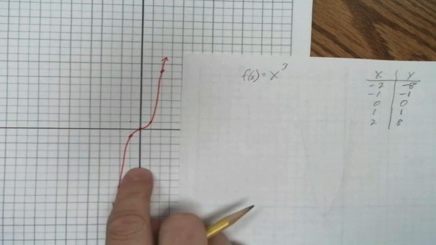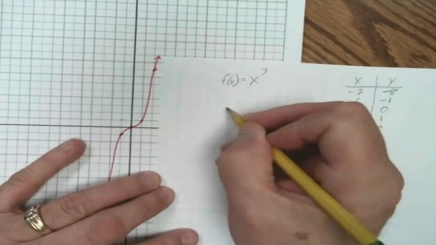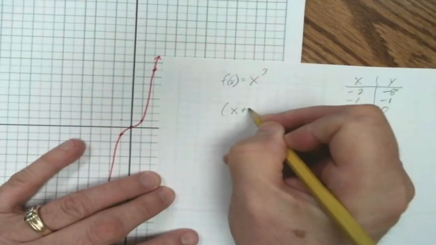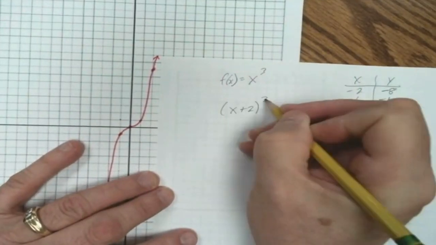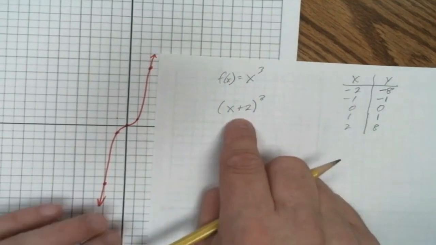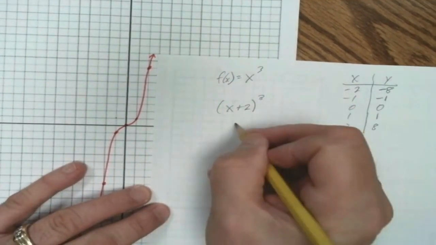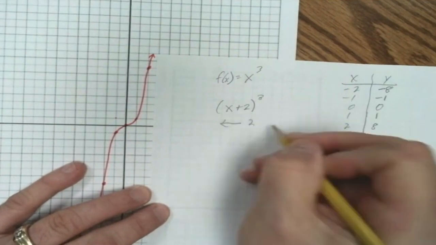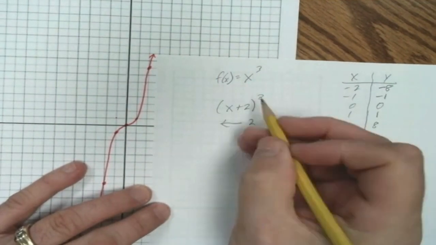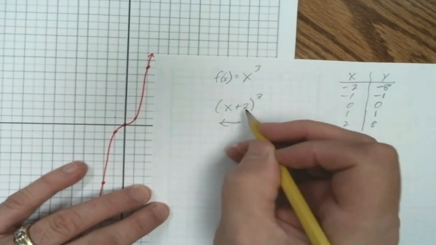So then we can understand what happens. We can see what an x to the third looks like, but what happens when we have something like x plus 2 to the third? That's a transformation. We have a plus number in here, right? So when that happens, this is going to shift to the left 2. If this was a minus, it would go to the right. Remember, when it's inside the parentheses, it goes opposite.